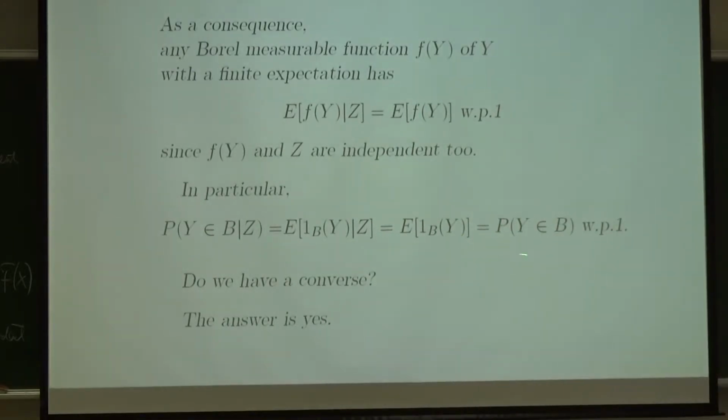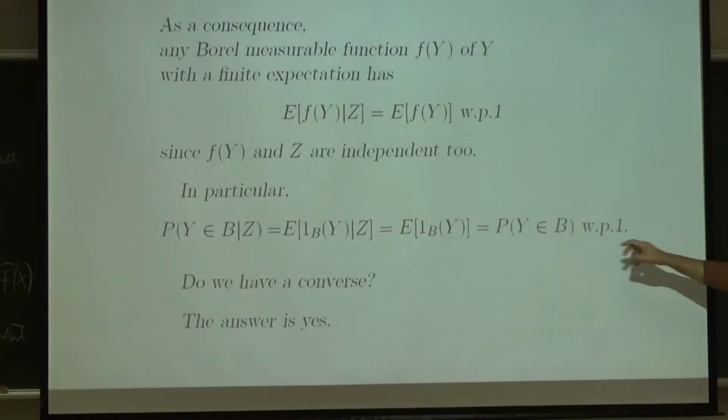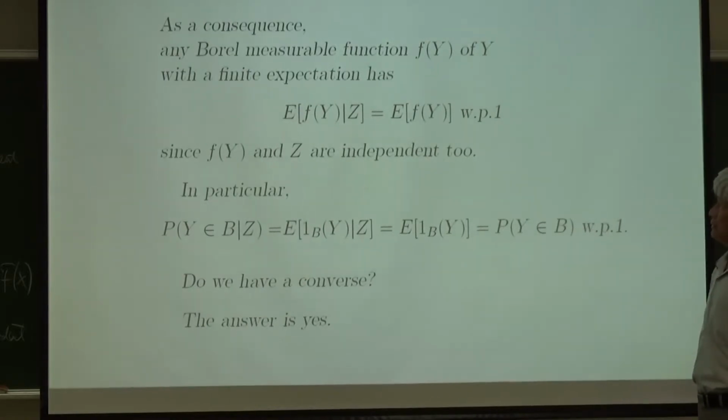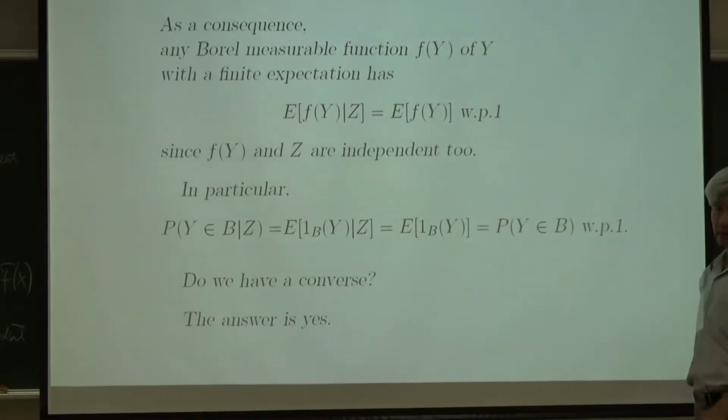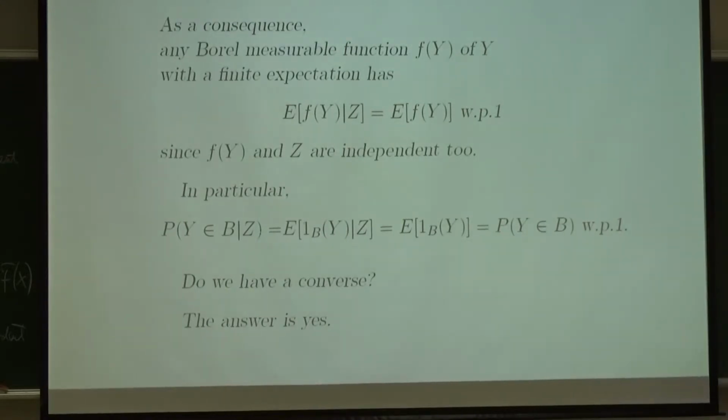But this random variable is a constant with probability 1 when Y and Z are statistically independent. The converse is also true: if this holds for all Borel sets B, then Y and Z are statistically independent.